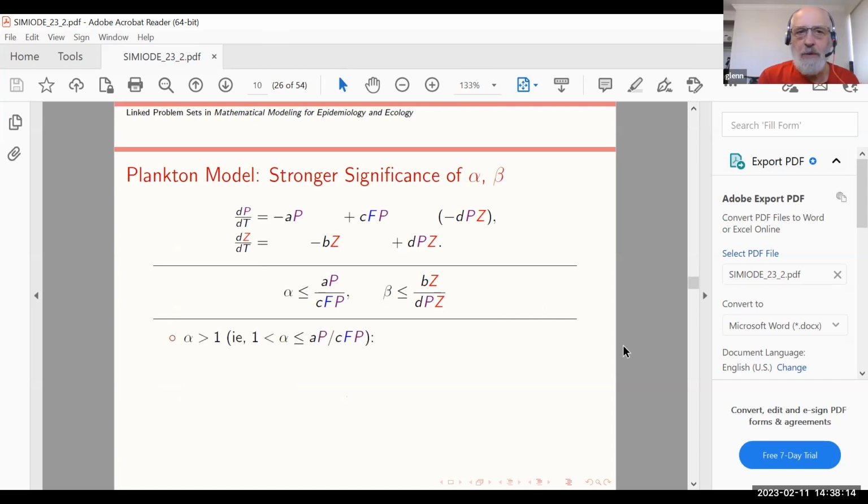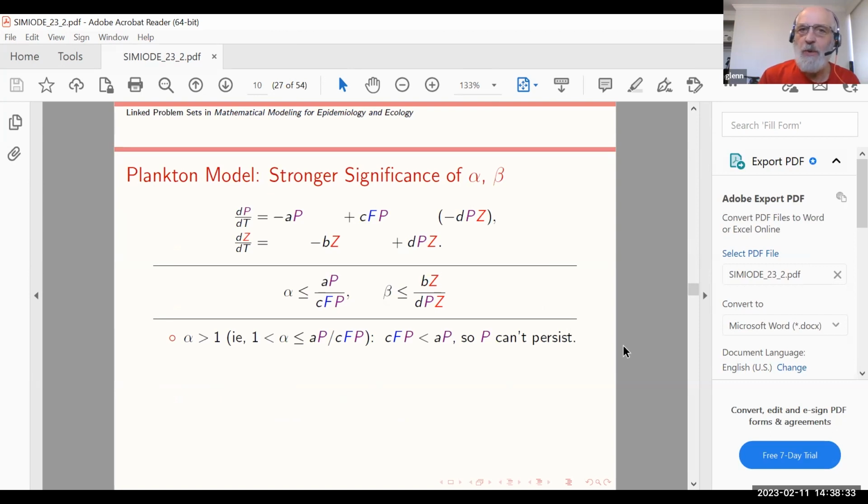Suppose alpha is greater than 1. So that means 1 is less than alpha, which is less than or equal to AP over CFP. And so that means that CFP is less than AP. So P cannot persist.